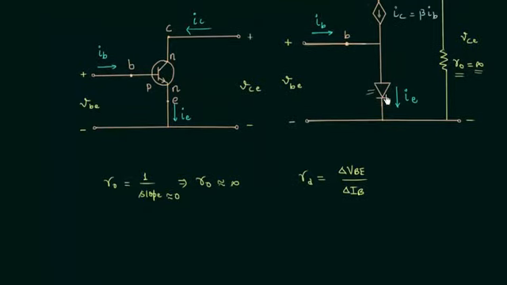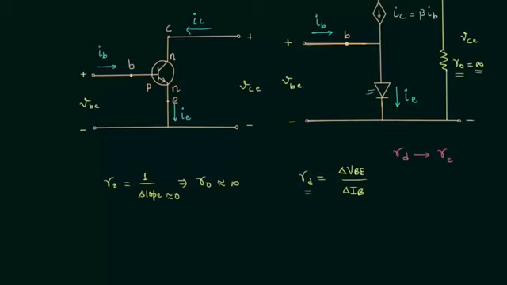The diode is in the emitter branch, and after replacing the diode with resistance RD, it will go to the emitter branch and current IE will flow through the resistance. So we will change the representation of resistance RD, the dynamic resistance, and we will represent it as R subscript E, where E represents the emitter.